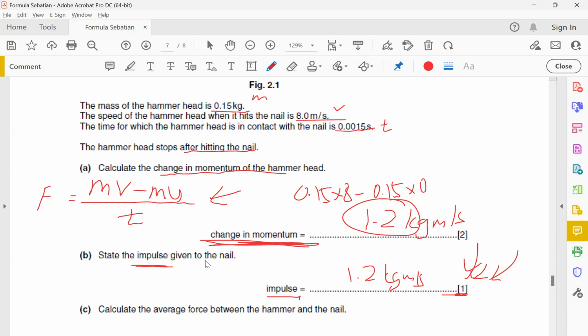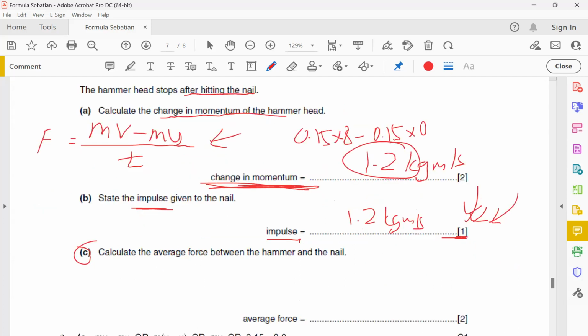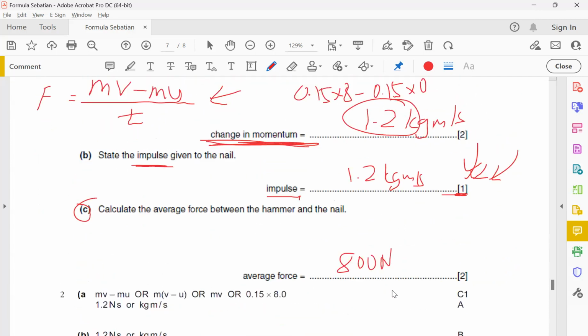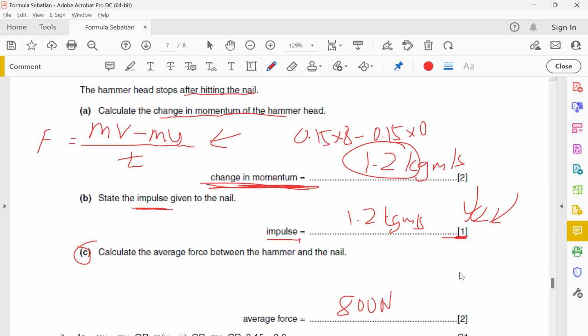And finally, Xinyan, this one you can find your F already. This is your 800, right? How to find the F here, Evan? What formula? What formula?